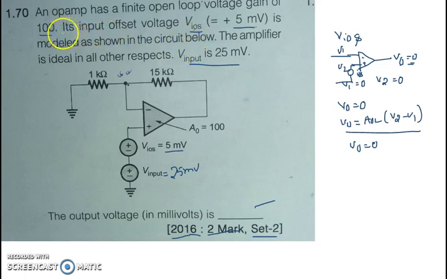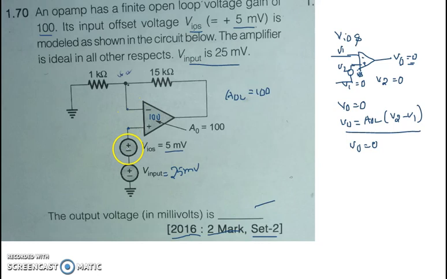And given the open loop voltage gain is 100, that means AOL can be taken as 100. Generally in operational amplifiers, we listen to the virtual ground concept. Virtual ground means whatever voltage is at the non-inverting terminal, the same voltage is maintained at the inverting terminal also.